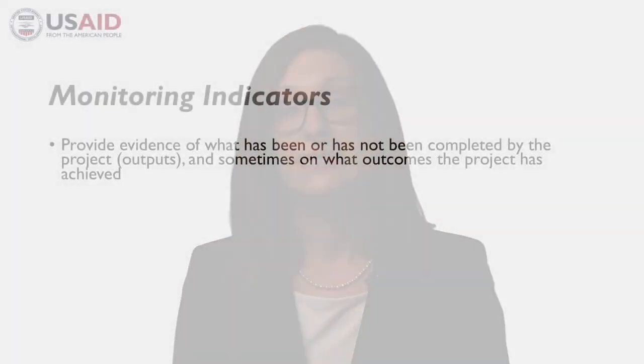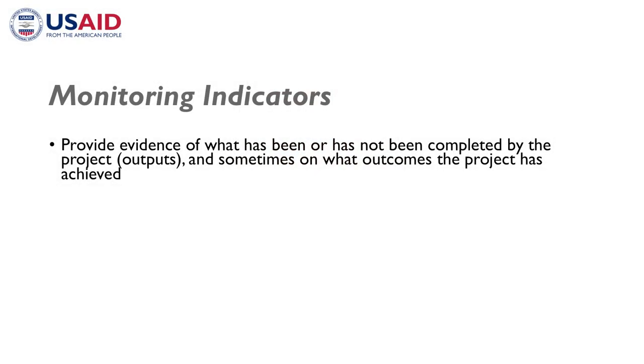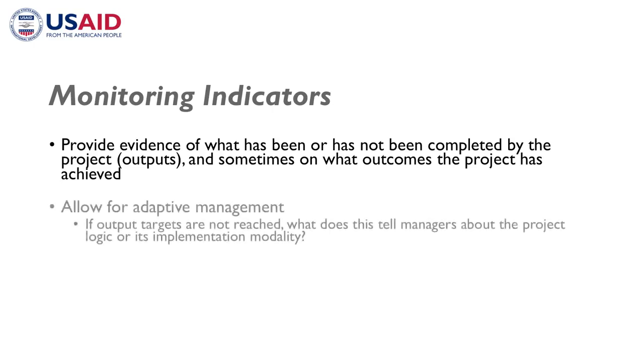So for monitoring, we tend to have indicators that provide evidence of what has been or has not been completed by the project. So these are the outputs, and sometimes the outcomes that a project has achieved. Monitoring indicators are important for adaptive management of our programming to ensure that if output targets are not being reached, managers, whether they're at the implementing partner or USAID, can take course corrections to bring the project back into target performance.